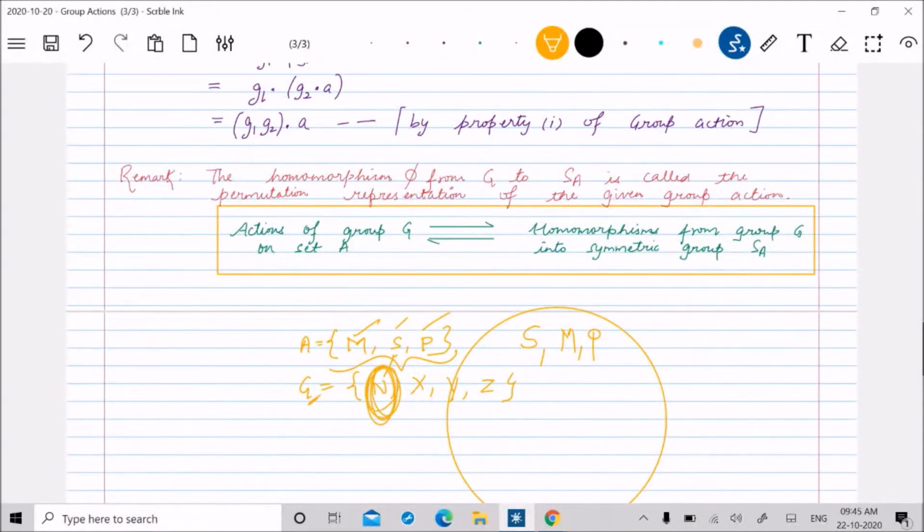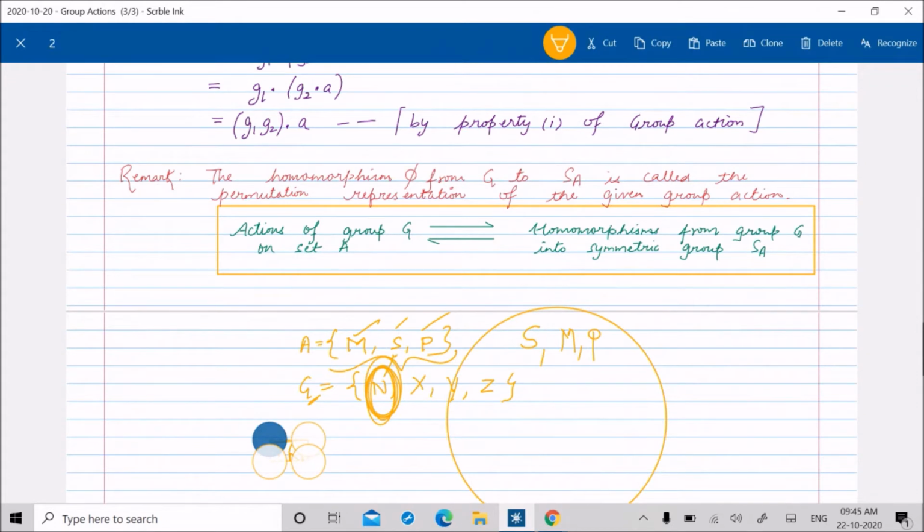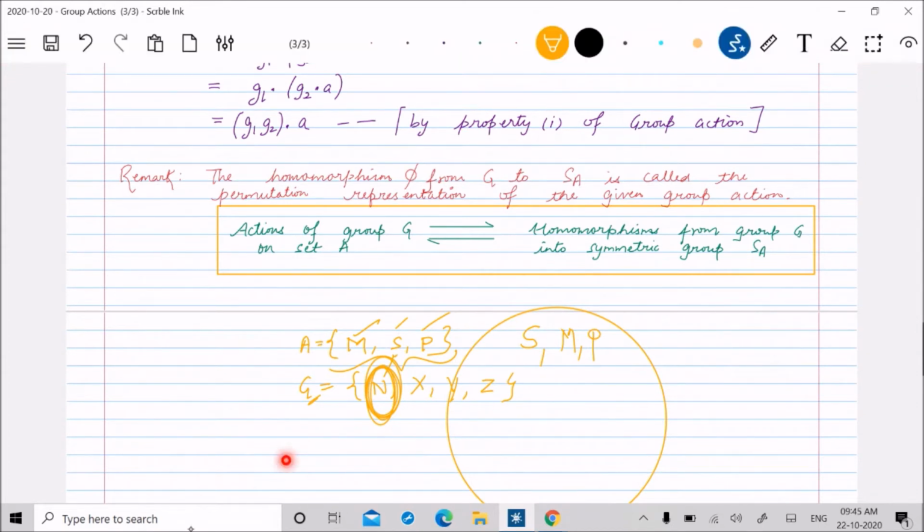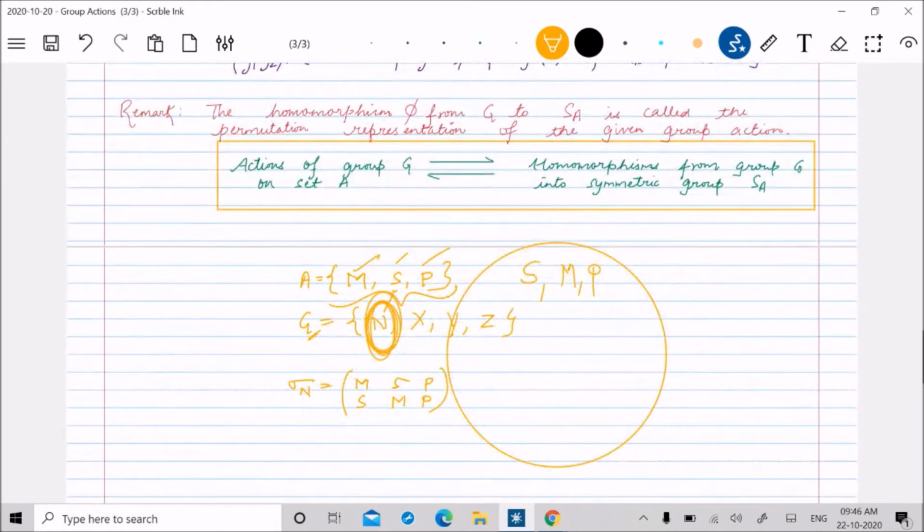Due to the action of this faculty n, I should write it as sigma n, which is just this permutation. The original sequence was MSP as given by the university, and the disturbed sequence due to the action of n on your class is SMP, right? So this is the action of element n.